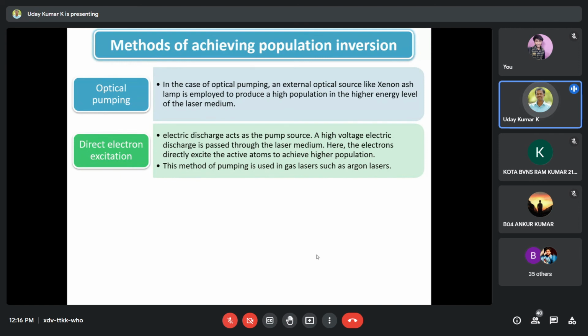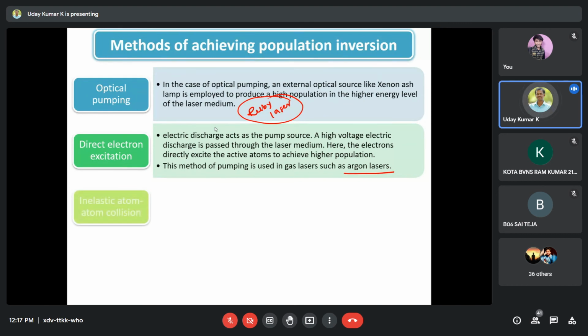This process of pumping is called direct electron excitation. The example for this kind of electron excitation is the argon laser. And for optical pumping, people use the ruby laser. Ruby laser is an example for this. And by the way, the ruby laser was the first laser invented.